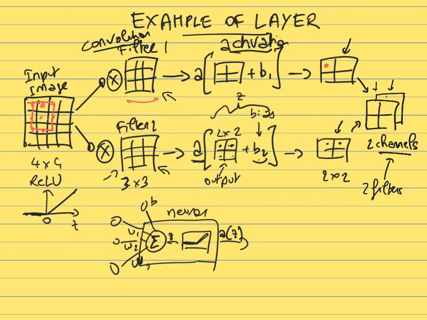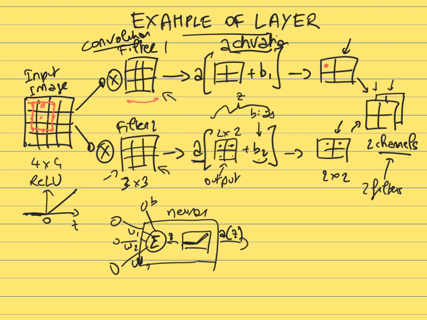And the main idea is that now you get a new grid, and this grid has exactly the same format as the input image, except that it has a different size and a different number of channels, but it can be used as input for the next layer. So now you have recreated a new grid that will be used as input for some new filters, for a new convolution operation, for a new activation, and it's going to be the beginning of the next layer.